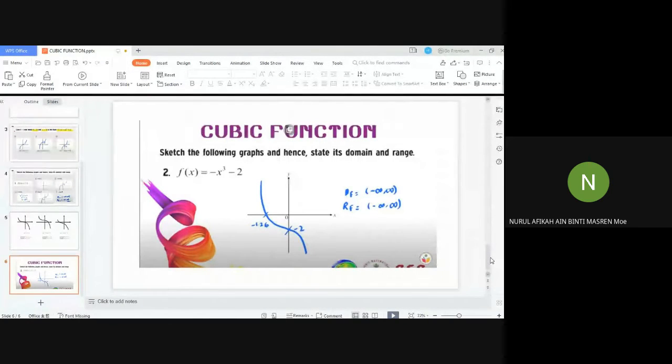Then we need to find the value of x, which is negative 1.26. For the y-intercept, the value of d there is negative 2. So just sketch it. The domain is negative infinity to infinity, and the range is negative infinity to infinity as well. That's all.